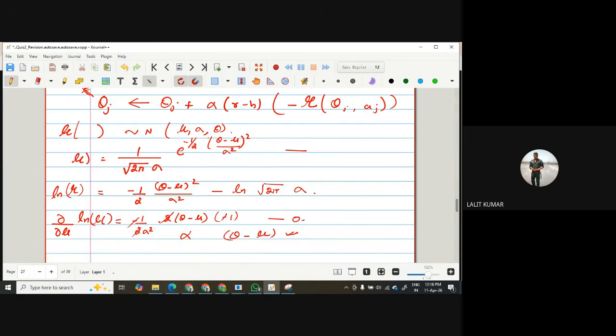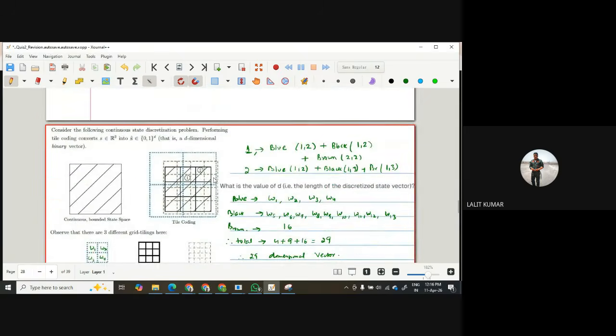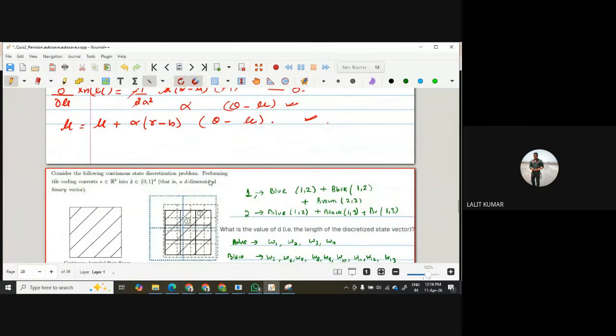Is this okay? So from here, your mu will become mu plus alpha into r minus b into theta minus mu. This is for mu, and similarly you can do it for sigma also. So these are the three main concepts covered in your week 8. Okay.